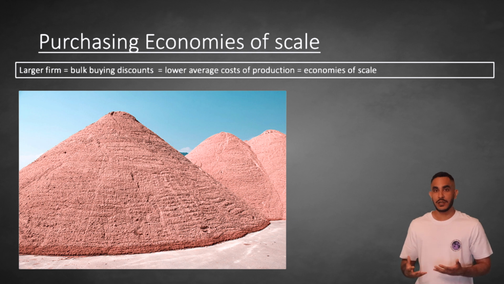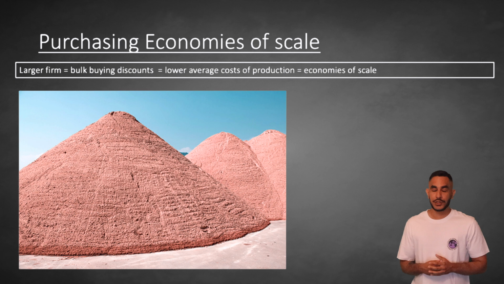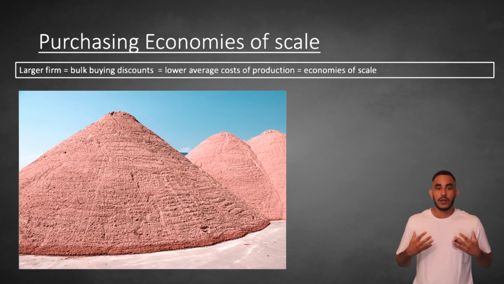Another reason why firms may be able to reduce their long-run average costs of production as a result of growing in size is due to something known as bulk buying or purchasing economies of scale. Larger firms operate on a larger scale and therefore will have larger quantities of raw materials to order from suppliers.